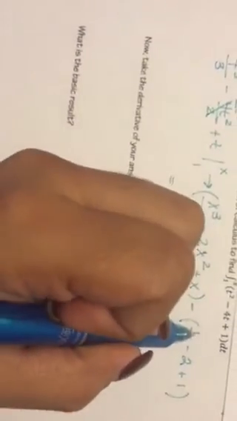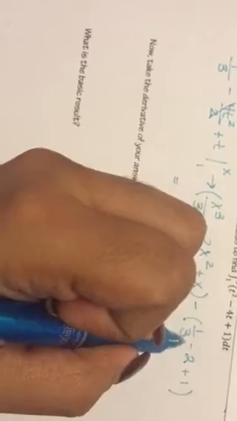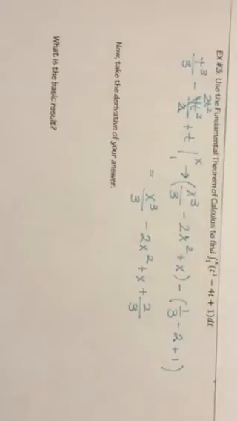And we can simplify all of this to equal x cubed over 3 minus 2x squared plus x, and this constant would simplify to positive 2 over 3.